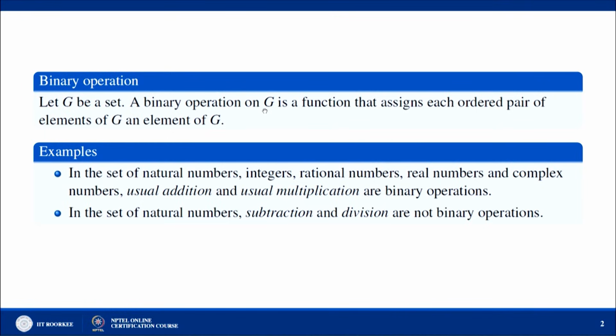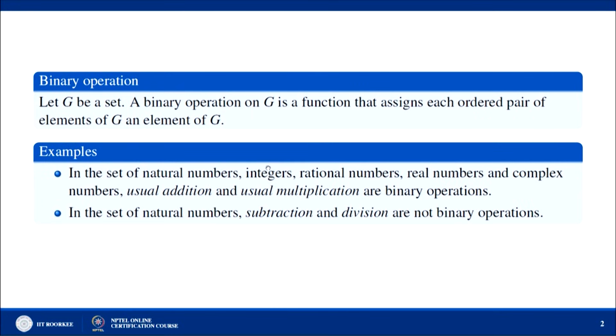Like you take the set of natural numbers, and you apply usual addition. So, we know that if we take any two arbitrary natural numbers and we apply usual addition, then the resultant is also a natural number. That means the usual addition for the set of natural numbers is a binary operation.